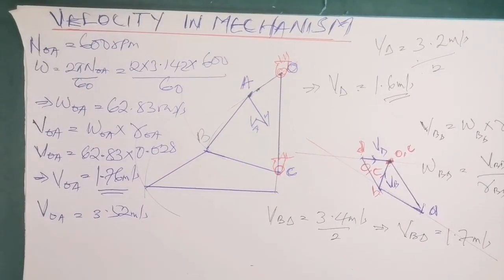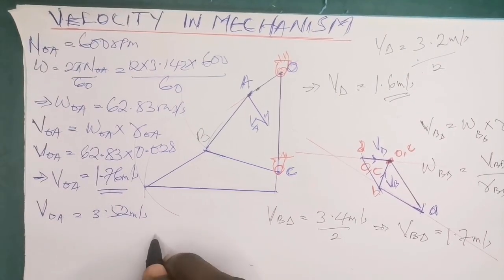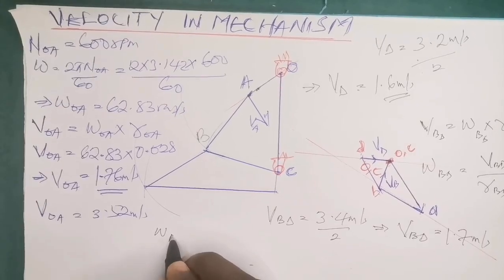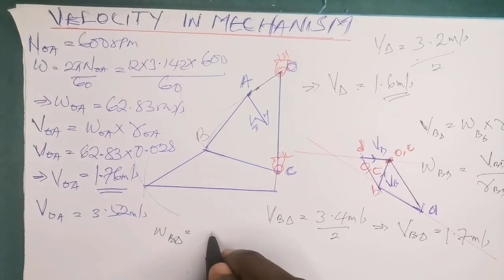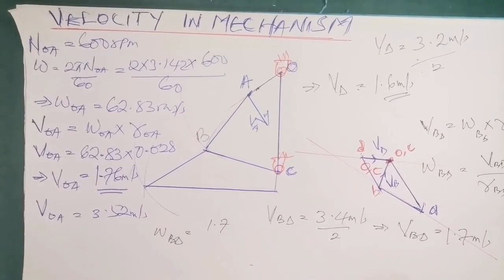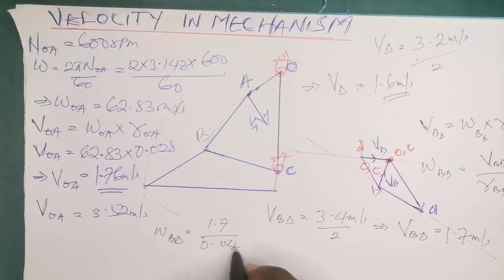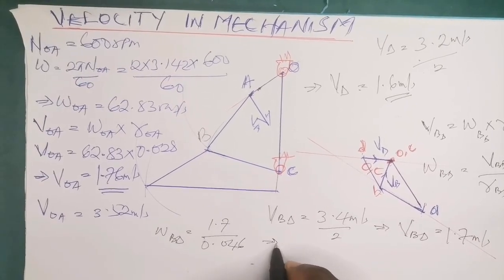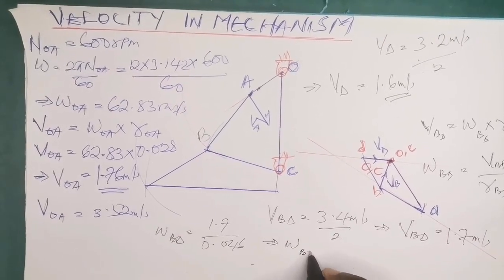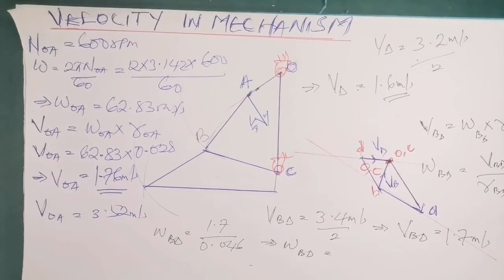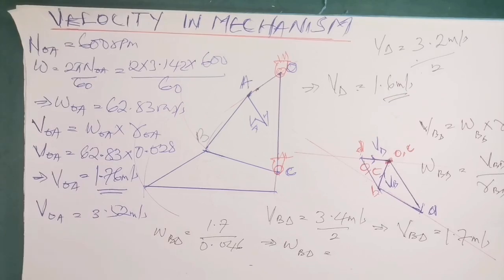All right, so this simply implies that we can now make omega the subject. This is going to be 1.7, which is VBD, divided by 0.046. So the angular speed along B to D is going to be equal to 1.7 divided by 0.046.